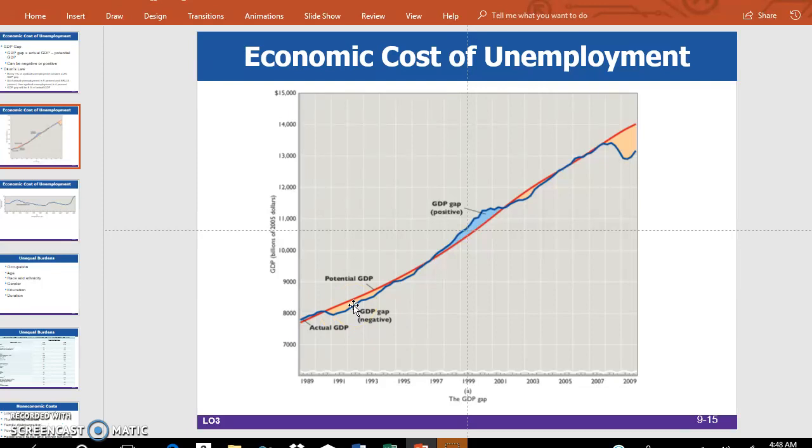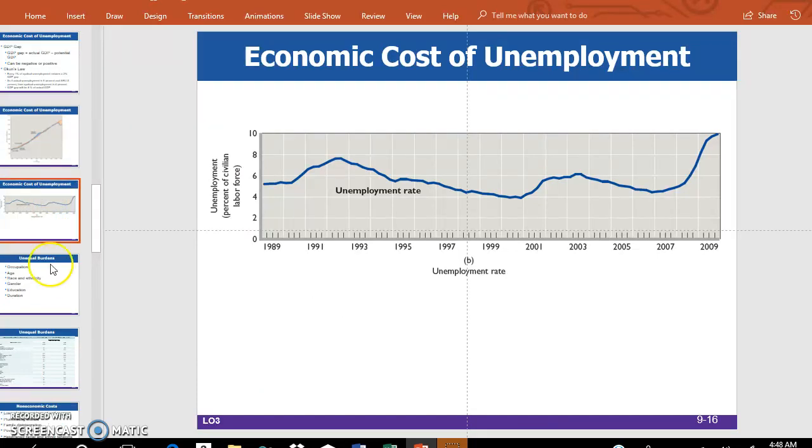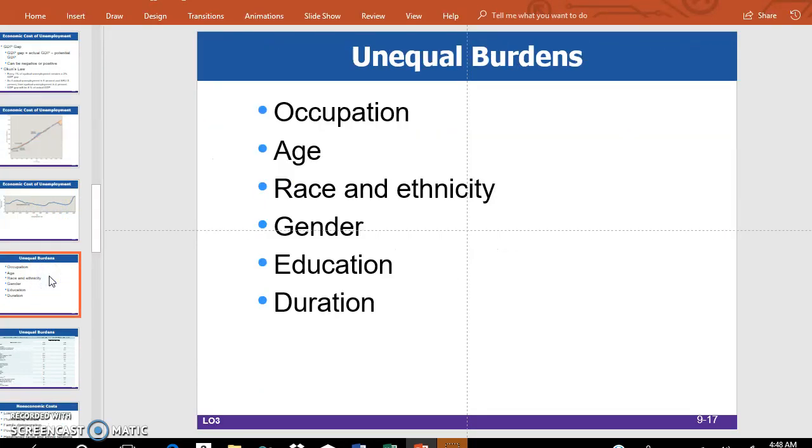So the model that we have examined in Okun's law checks out, right? Whenever we have cyclical unemployment, whenever we have a recession, actual output is less than potential GDP, and then we have a negative GDP gap, right?